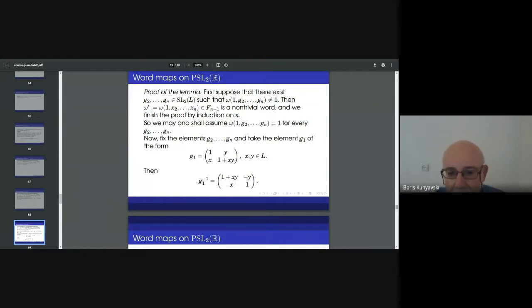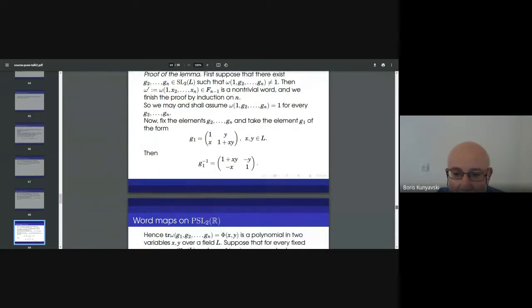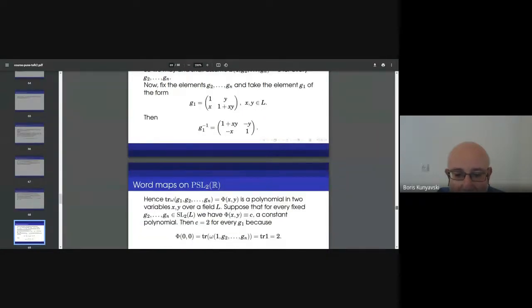You see the form, and then the inverse element will be of similar form, and as a result, you can try to check this manually, that the trace of the value of our omega is a polynomial in two variables. Now we want to prove that it is non-constant.